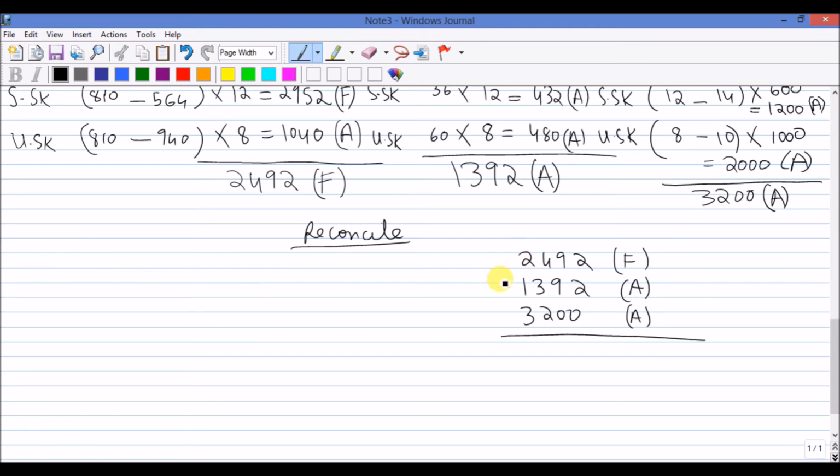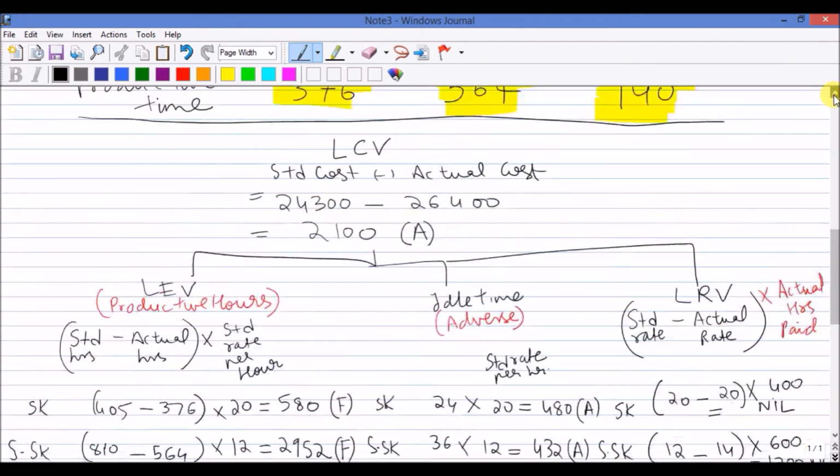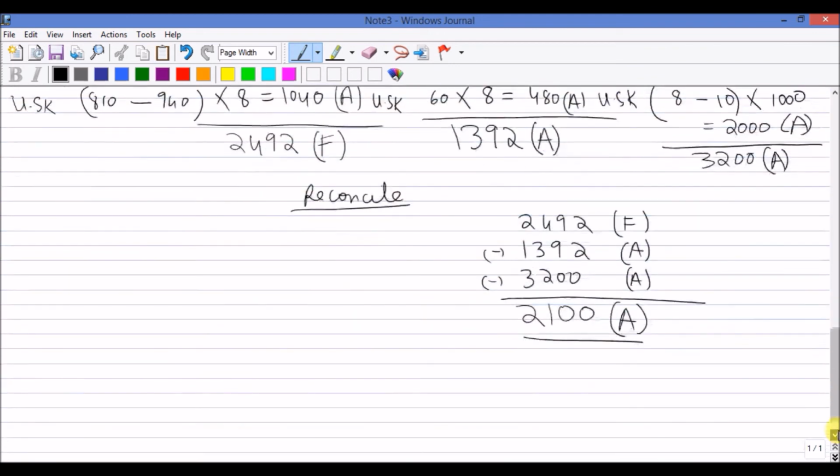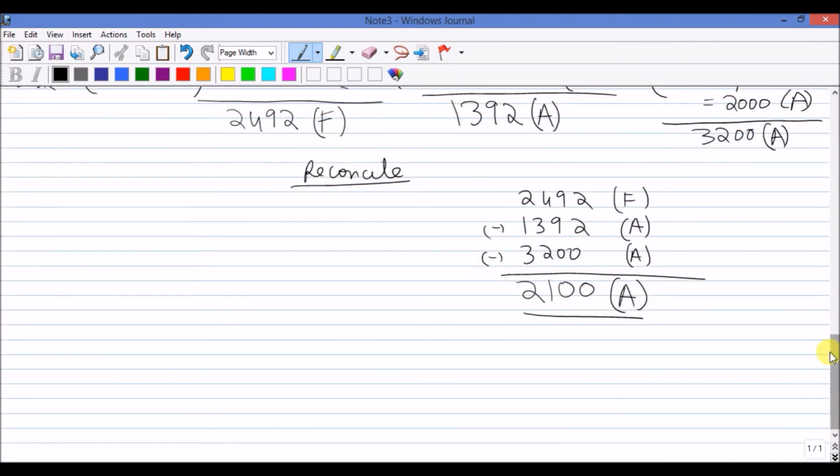So I'm going to subtract these two. 2492 minus 1392 minus 3200 is going to give me 2100 adverse. I think we have tallied it. Yes, we have tallied it with 2100 adverse. So I'm moving further. Now I need to rub this part.